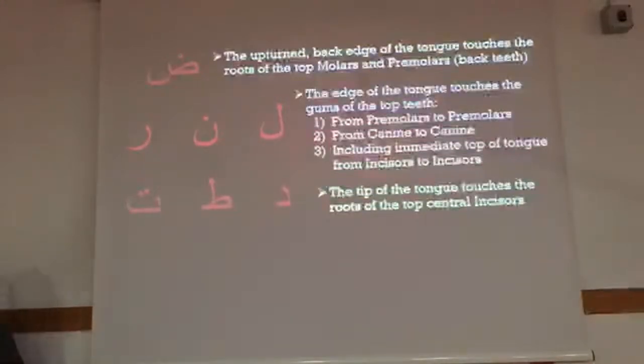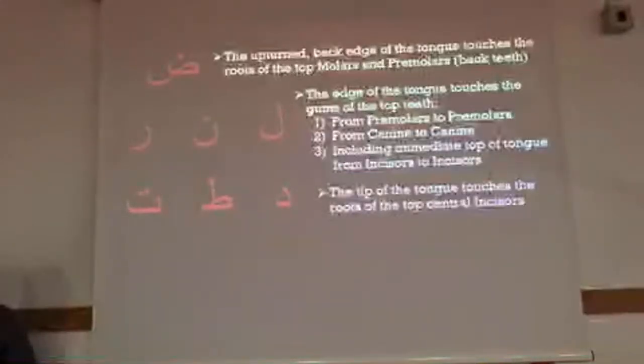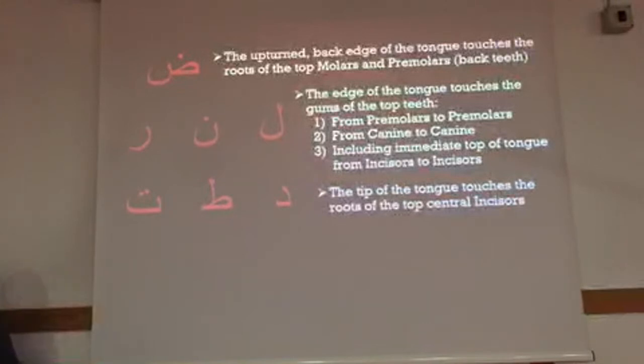So when you say dal, you can feel that your tongue is touching there, isn't it? Dal, ta, and then ta is just strong. It's the heavy version. So that's these three letters. Very simple, inshallah.